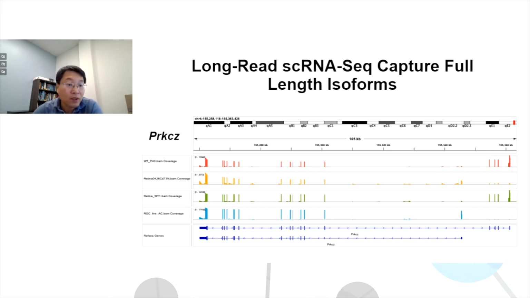For example, the Amacrine cells seem not to use much of the long form, while the bipolar cells have both long and short forms, while the wild type, which is photoreceptor dominant, pretty much has the long form. So from this example, we can already see that, first of all, the full length isoforms can be captured, multiple isoforms can be captured, and the differences between them also appear to be captured.